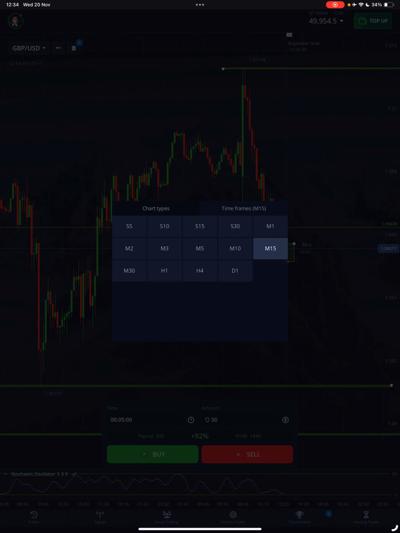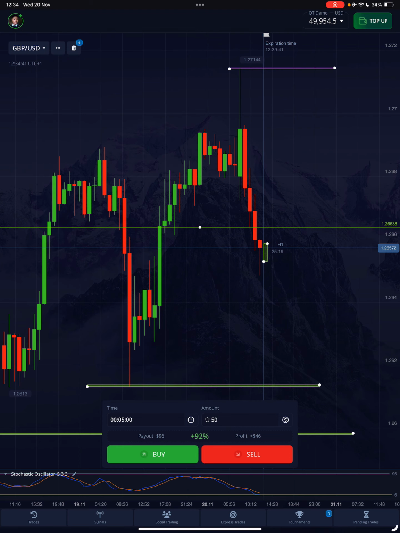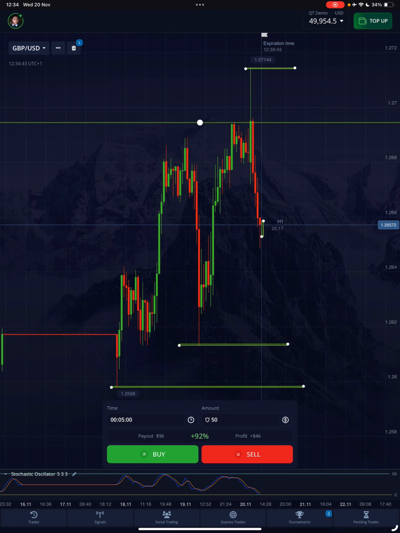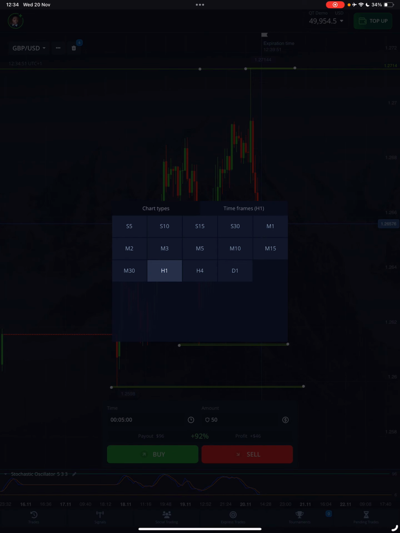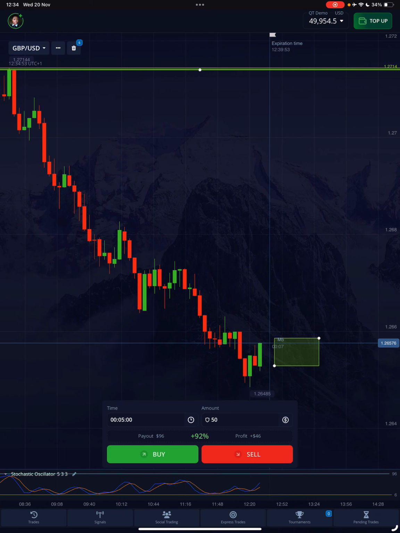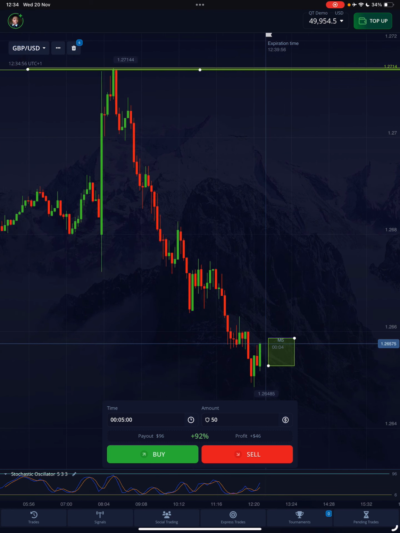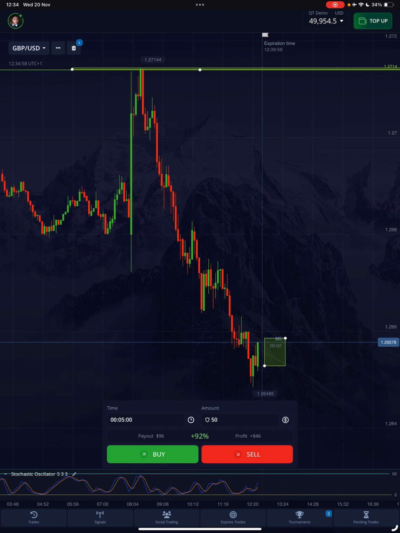Okay, look at this line. Now let's go down to 5 minutes. Each candle here takes 5 minutes to form. That line is still the same, it doesn't move, right?